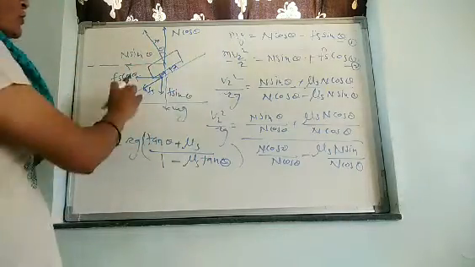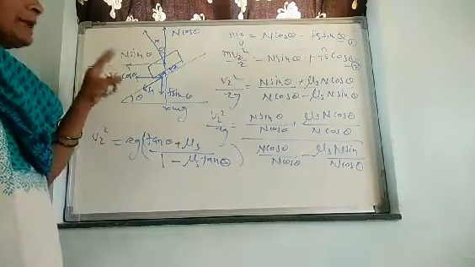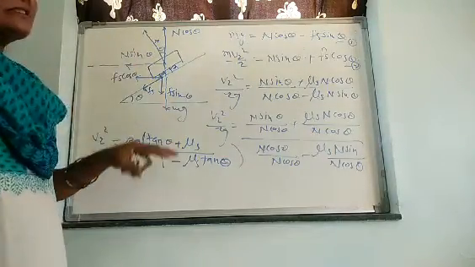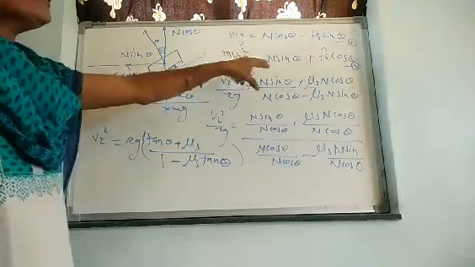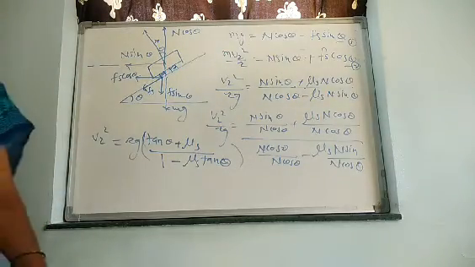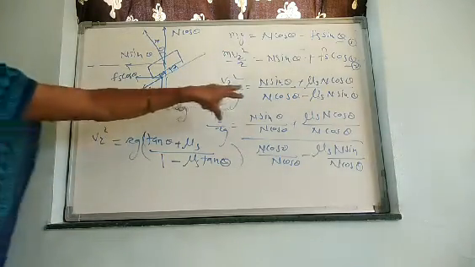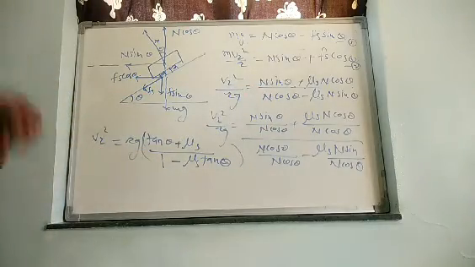Now here, these two forces, Fs cos theta and n sin theta, are parallel, in the same direction. They provide the necessary centripetal force, which balances the centrifugal force. Therefore, m V2 square upon r is equal to n sin theta plus Fs cos theta. This Fs we can write as mu s into n. If we substitute mu s into n and divide the whole equation by n cos theta, then you get this equation.